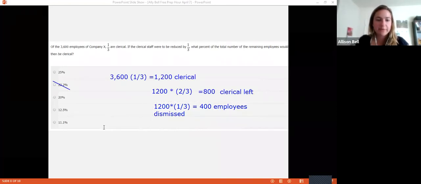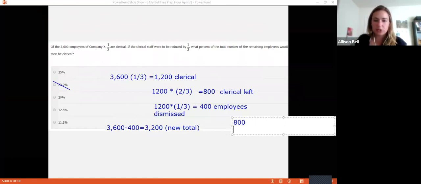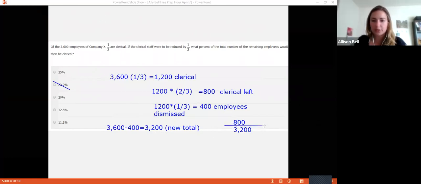So we need to take that 400 out of our 3,600 to get our new total, which means that now our percent is going to be 800 out of 3,200, which will work out to be 1/4 or 25%.